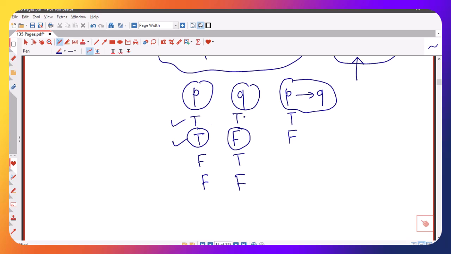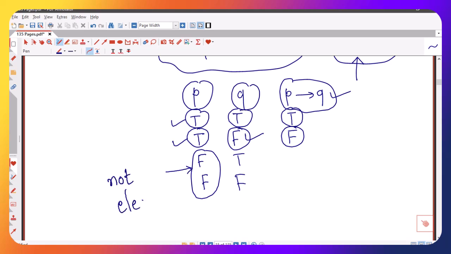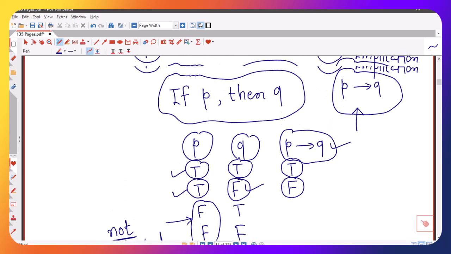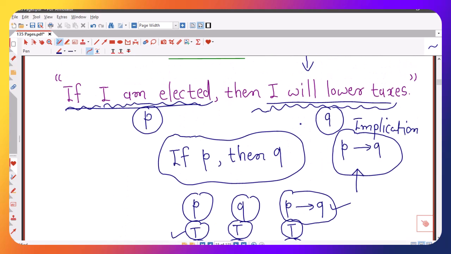So these two cases are very clear. Now what about the other two situations? Here P is not true, that means I am not elected. If I am not elected, then there is nothing to discuss with this statement.